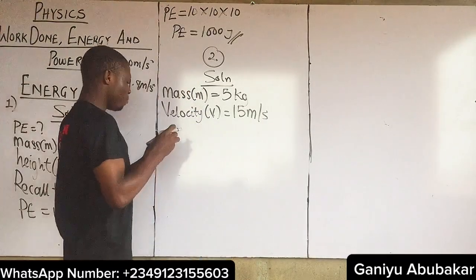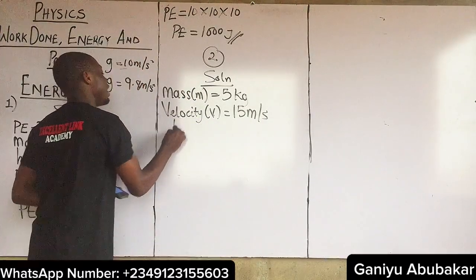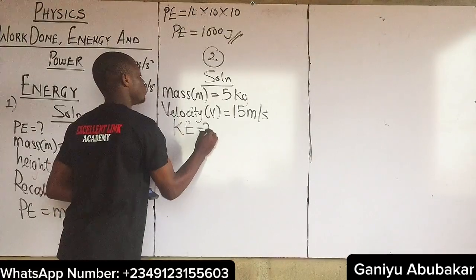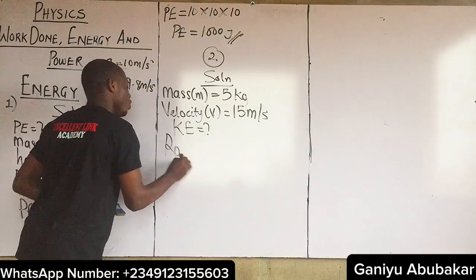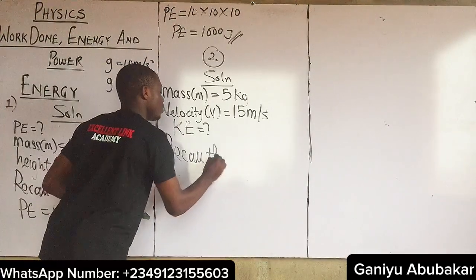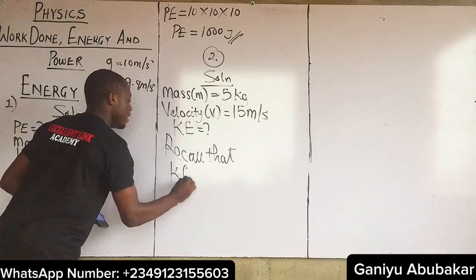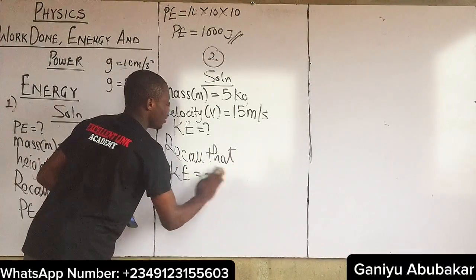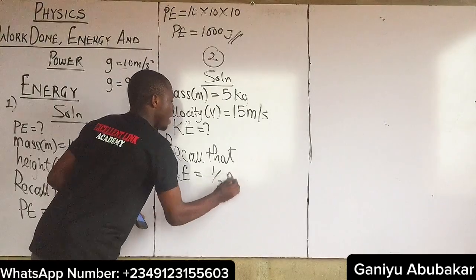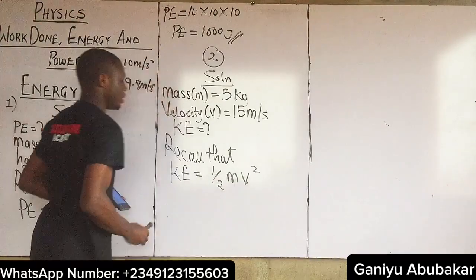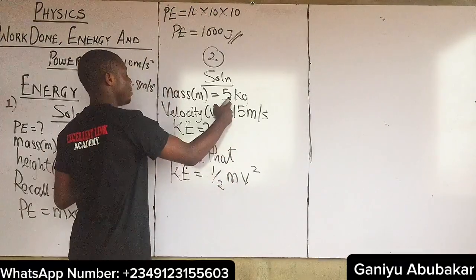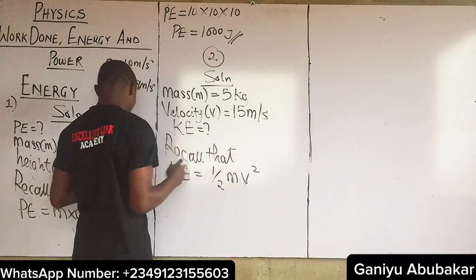Alright, calculate the kinetic energy. That's KE, which is unknown. Recall that we said earlier that KE is equal to half mv squared. Am I given mass? No problem. Velocity? No problem. So let's get this done.